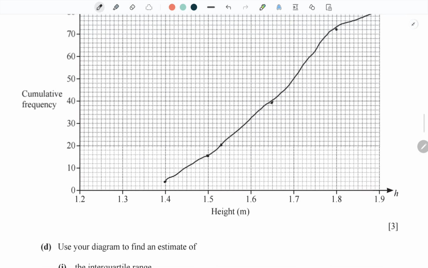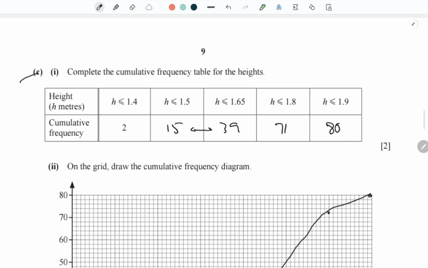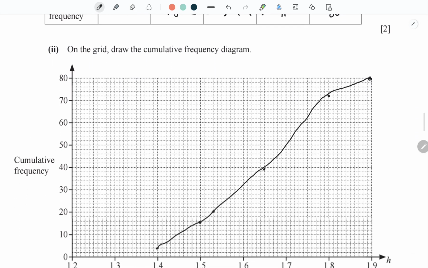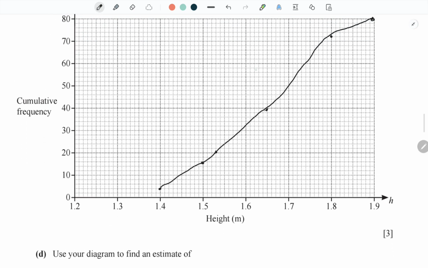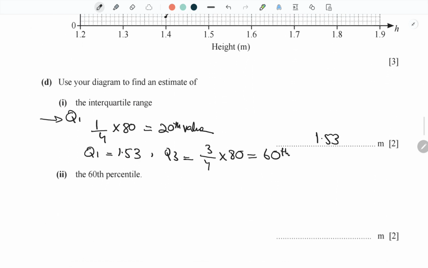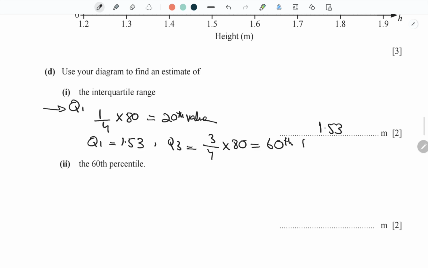So what is the 60th value here? We again see the 60th value between them, so the 60th value means this one something. So the 60th value we have 1.75. 1.75, okay? This is the 60th value.